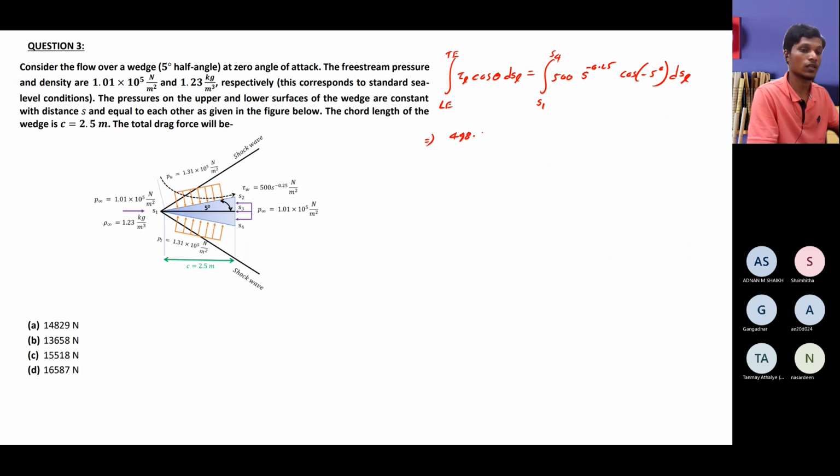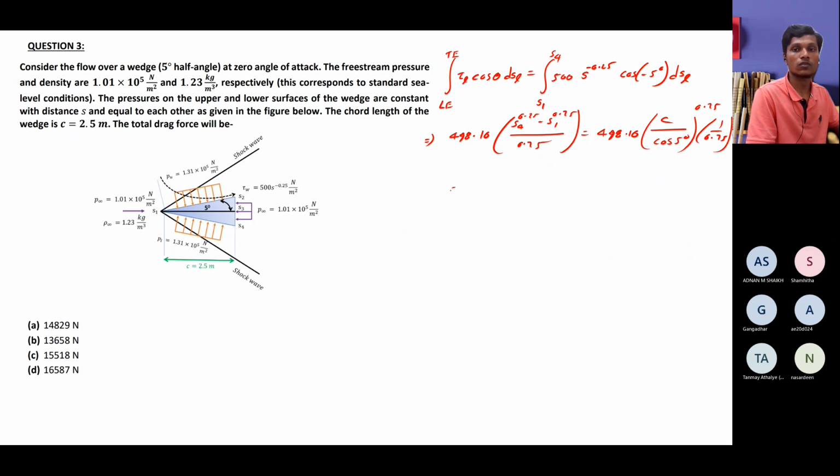Again, just substitute all the values and simplify this. You will get 498.10 times S4 power 0.75 minus S1 power 0.75 by 0.75. You can further simplify it as 498.10 times C by cos 5 degrees, to the power 0.75, times 1 by 0.75.